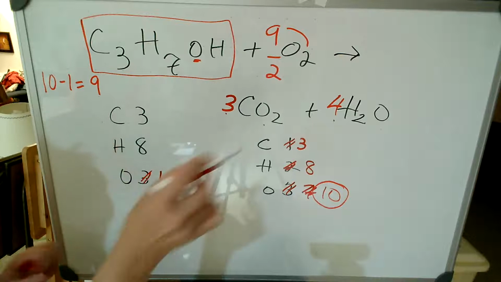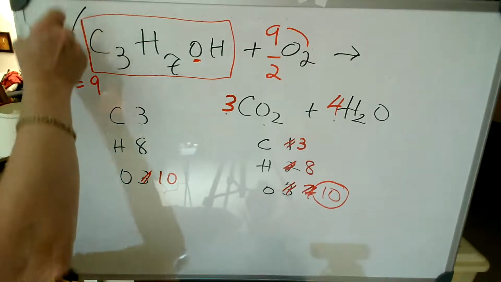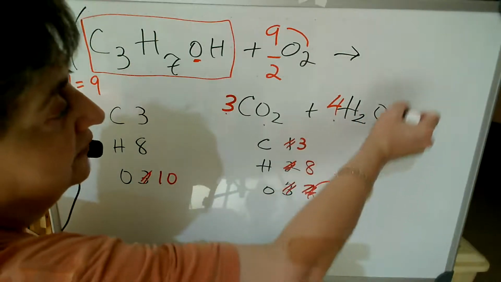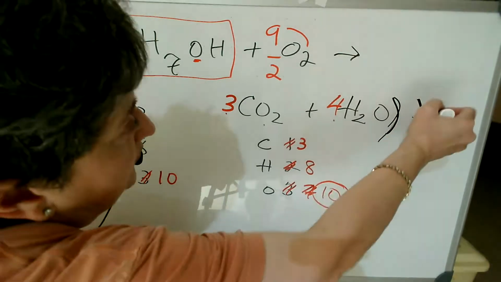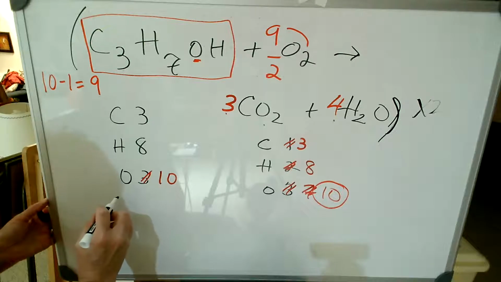But even though this reaction is technically mathematically balanced, it's not cool to leave it like that from a chemist's point of view. So we got to have all whole numbers. So we're going to multiply the whole reaction by a factor of 2 because of the subscript. So that will make the reaction be as follows.